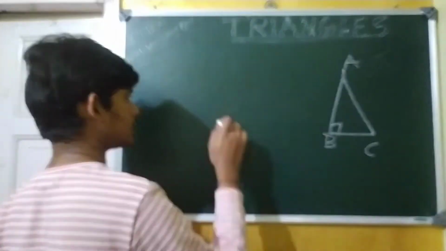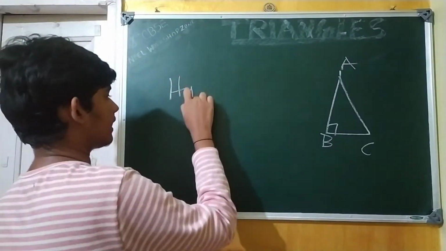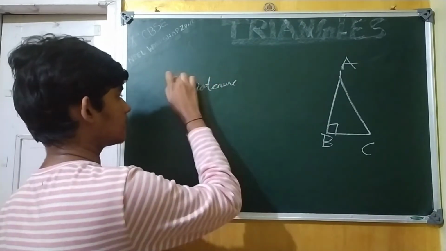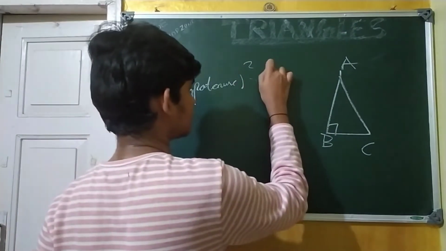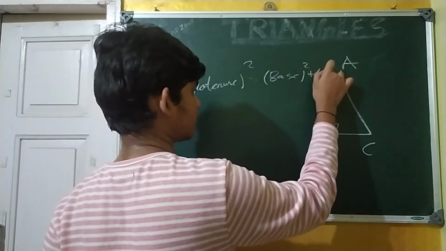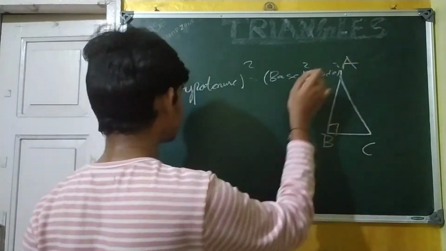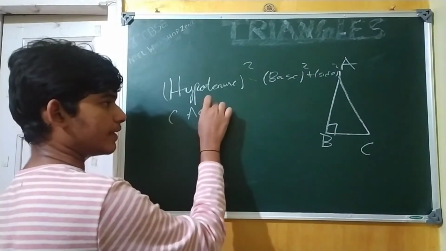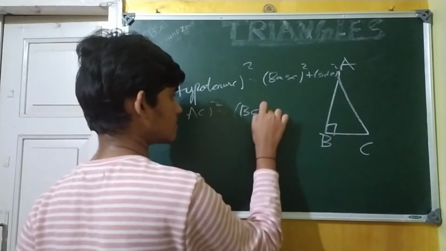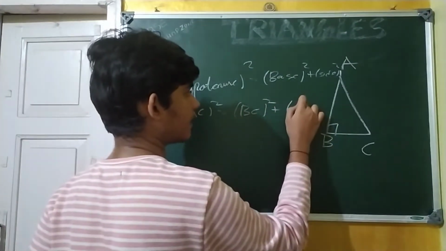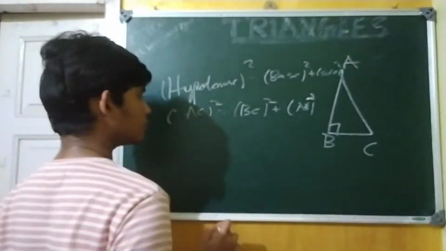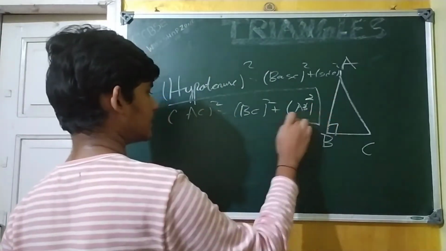So for example, basically it says that hypotenuse square is equal to base square plus side square. Or here, let's say AC square is equal to BC square plus AB square. So this is the formula for the Pythagoras theorem.